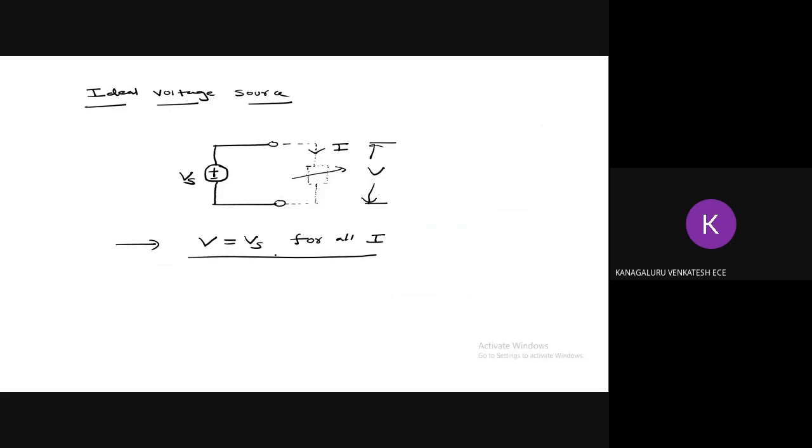From this, what we can understand here, because if you look at the circuit, there is no internal resistance for this source voltage because it is an ideal voltage source. If there is no internal resistance, therefore we will not be having any drop. Therefore, whatever voltage we apply here will appear in the load.